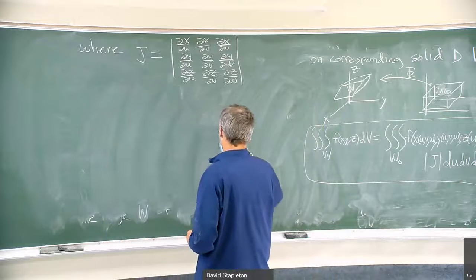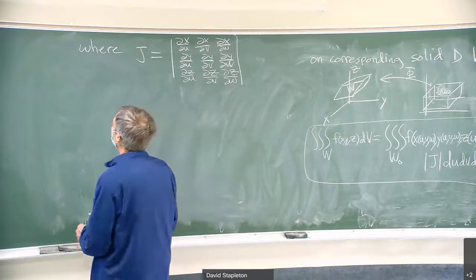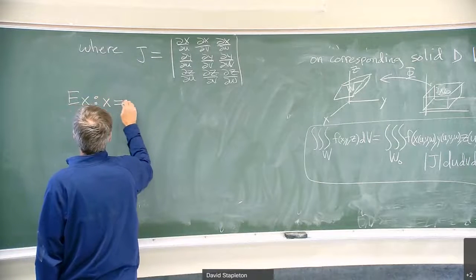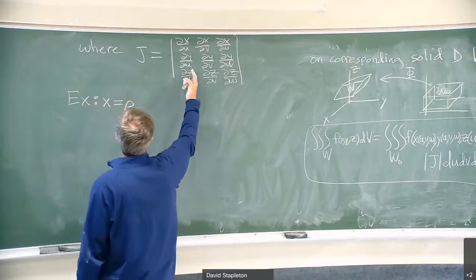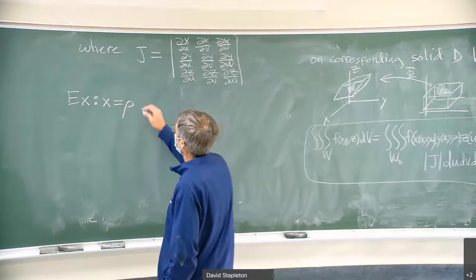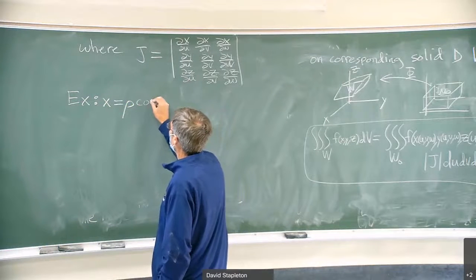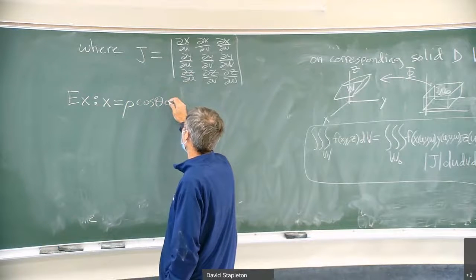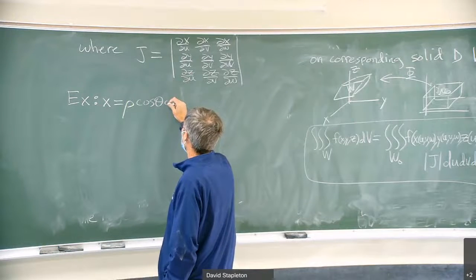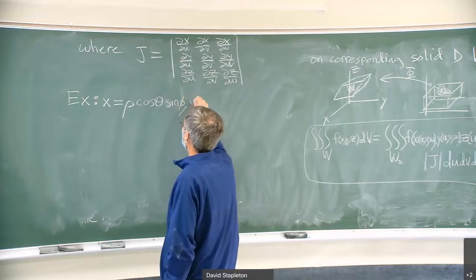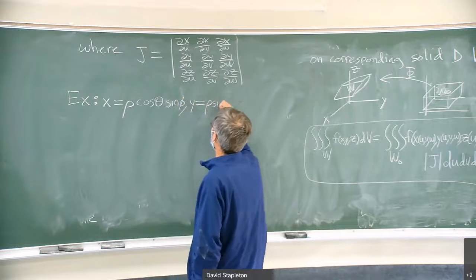Suppose I want to make a transformation of this form. Suppose I want to make x equal rho, and instead of UVW, I'll use rho, theta, and phi. X is rho cosine theta sine phi. Y is rho sine theta sine phi.